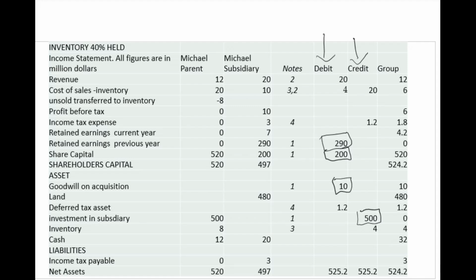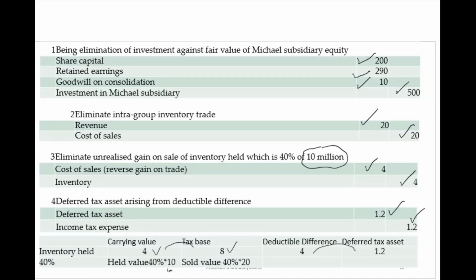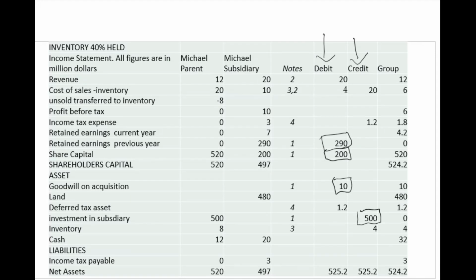Our second journal entry is to eliminate the trading transaction. So we debit 20 million revenue and credit cost of sales 20 million.